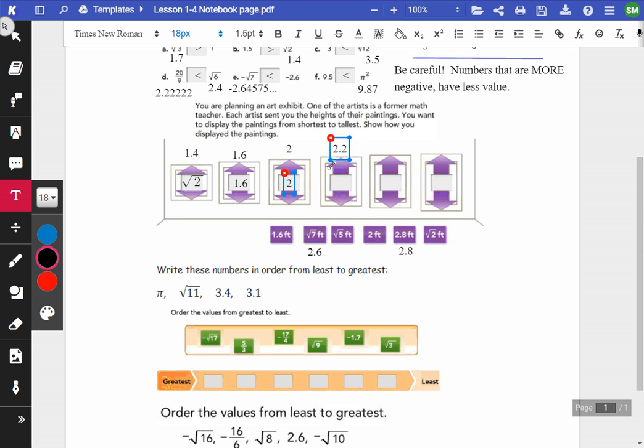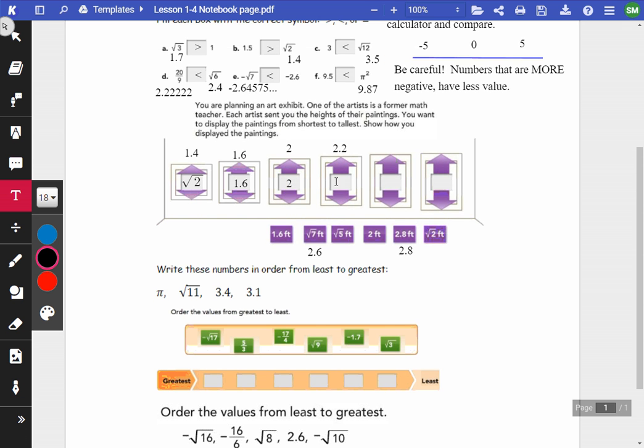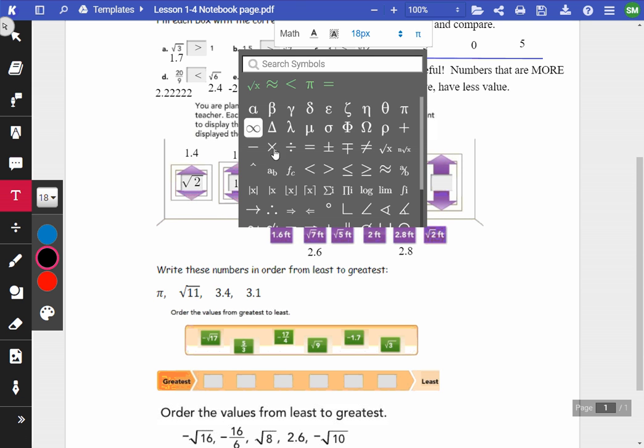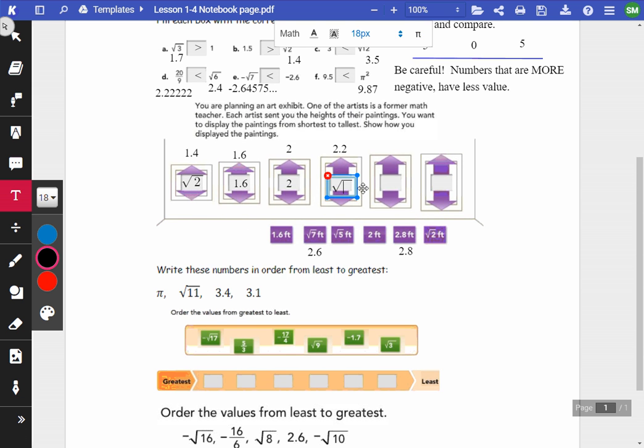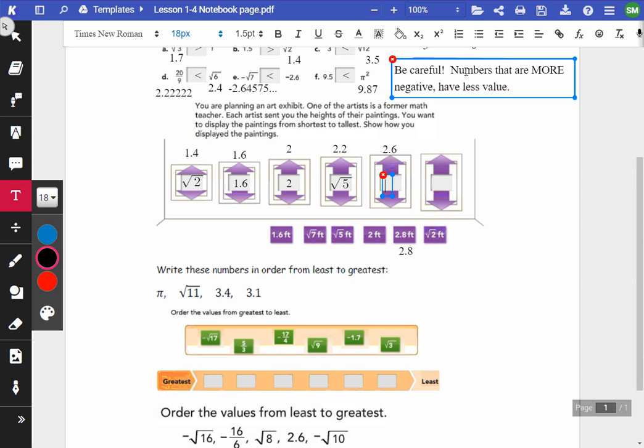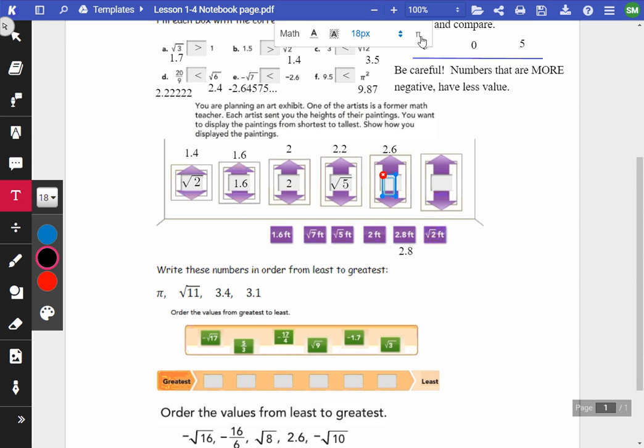What did they give me? The square root of 5. So I'm going to put a text box in here and do the square root of 5 right there. Then my next would be this 2.6, which is an approximation of the square root of 7.